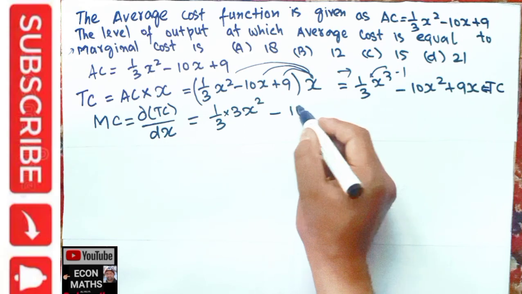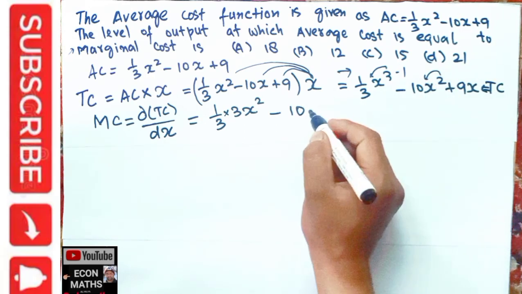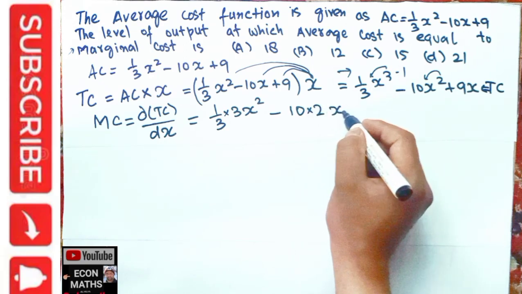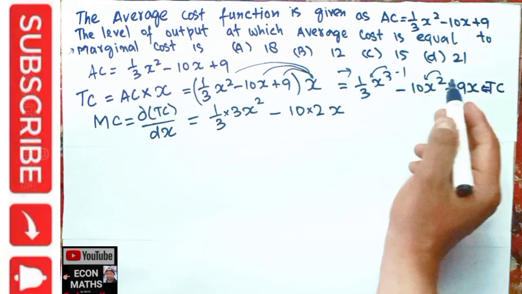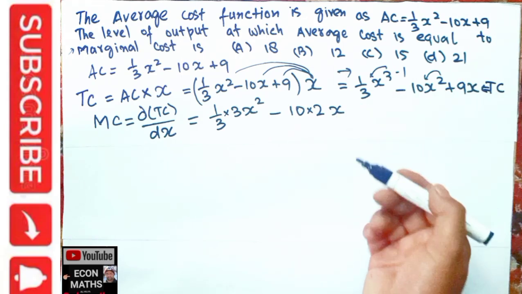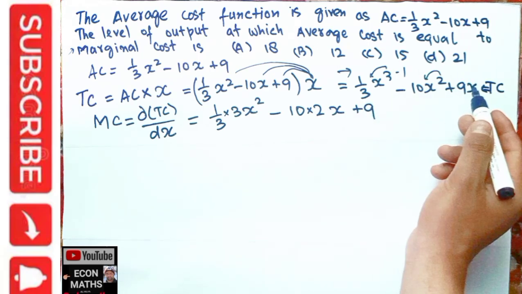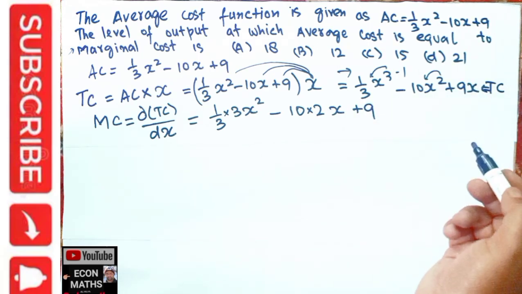Minus we have 10, the derivative of x square is 2x, this 2 becomes the coefficient and the power is subtracted by 1, 2 minus 1 is 1, so we write x to the power 1 as x. Plus 9, the derivative of x is simply 1 here.